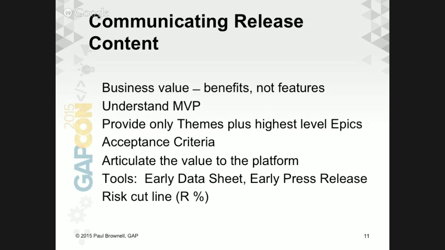Yes. At this stage, the risk cut line is more around the themes and the big picture of the project, because you're right, you don't have the backlog yet, but the risk cut line is something that will carry forward. So once you've elaborated down into user stories, then you assess your risk cut line again. And once you do a sprint plan, you assess it again.